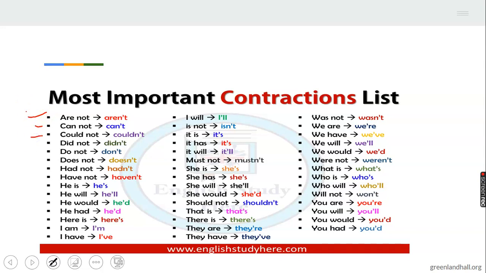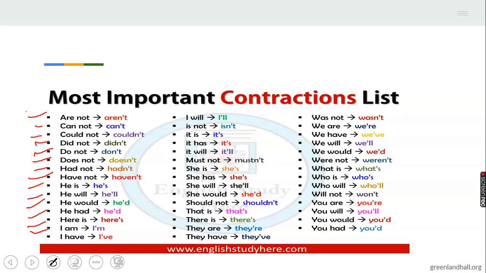Could not. That's what? Couldn't. Did not. Didn't. Do not. Don't. Does not. Doesn't. Had not. Hadn't. Have not. Haven't. He is. He will. He'll. He would. He'd. He had. He'd. Here is. Here's. Instead of saying here is the work, here's the work.